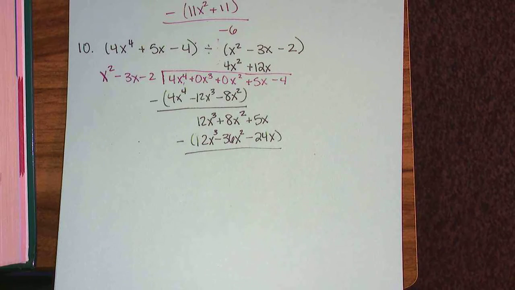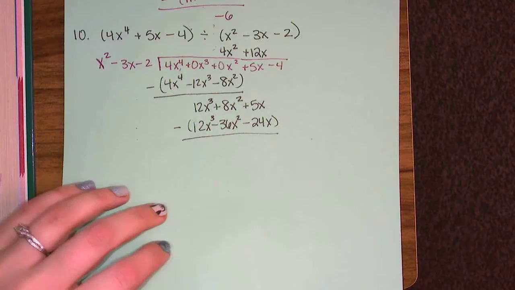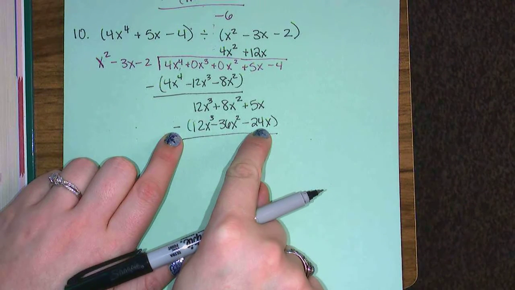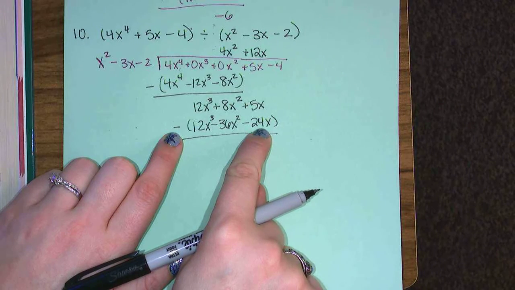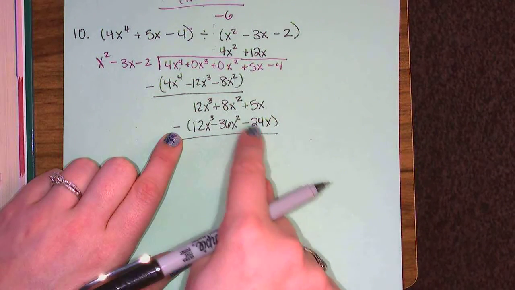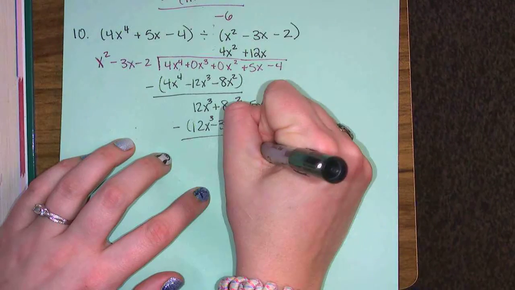This one's going to be a 3-step problem. Alright, so 5x minus negative 24x. 5x minus a negative means plus, so 5x plus 24x is 29x.